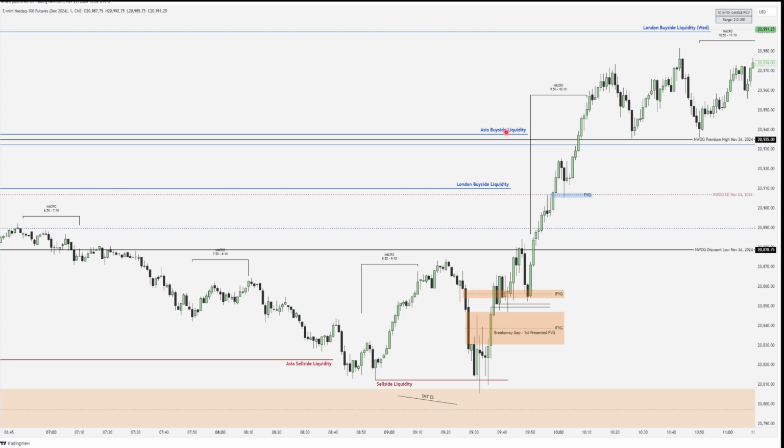Then price expands higher, takes out the London Asia buy side, and then we see some consolidation taking place, and that really just continues until the close at 12:55, if I'm correct, or 12:59, something like that, a shortened day at least.